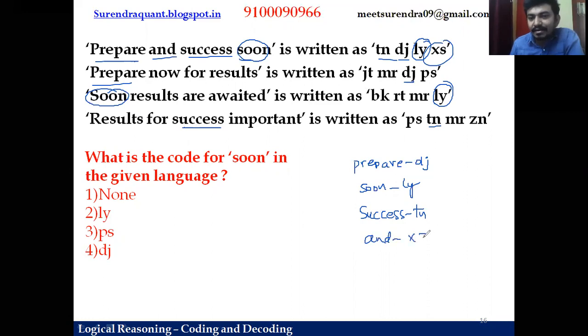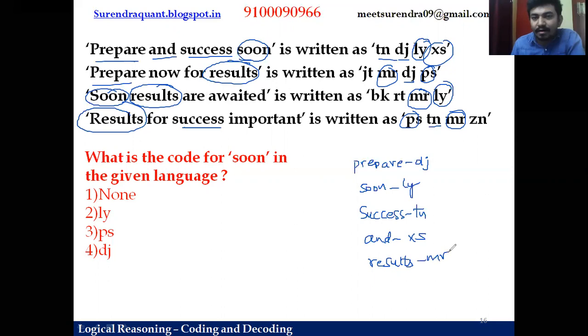Now can you see results is present in this, and the common word is PS. Results is PS, right? I think MR is also present. Let's see, you have one more word, results, here, right? What is the common word in all these three? MR is present, MR, MR, MR. So results is MR, guys.